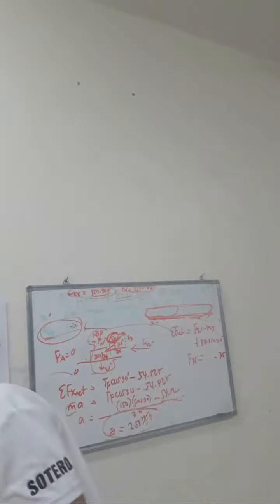That means it becomes positive. Sine 30 times 150 is 75. So it becomes positive after all: 9.81 times the mass of 30 minus 75, and you get 219.3 as your normal force.